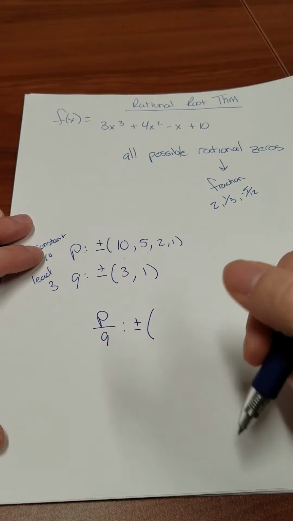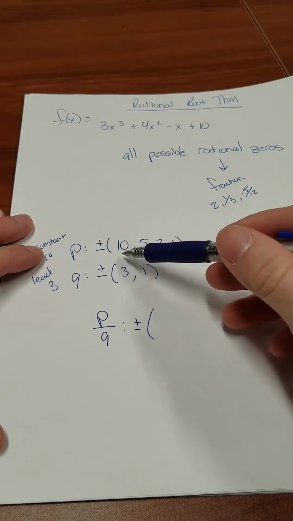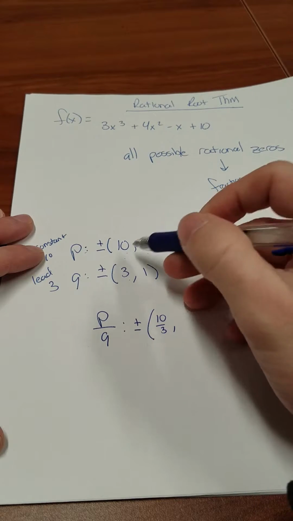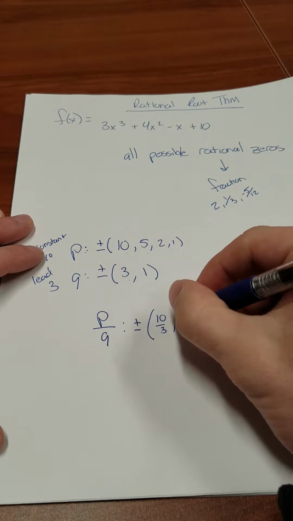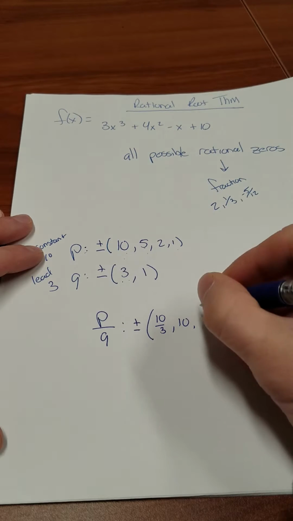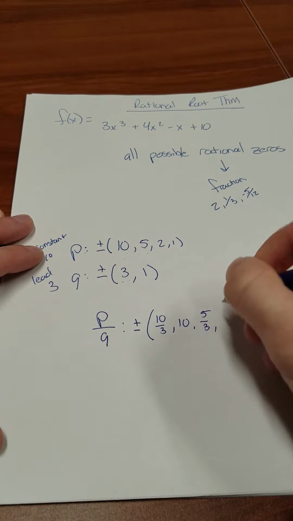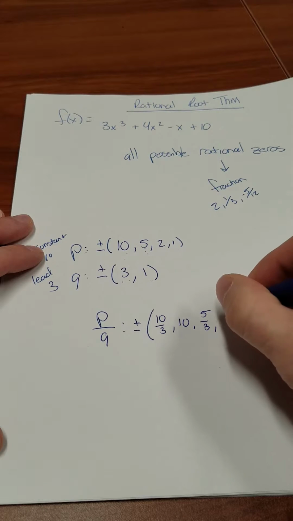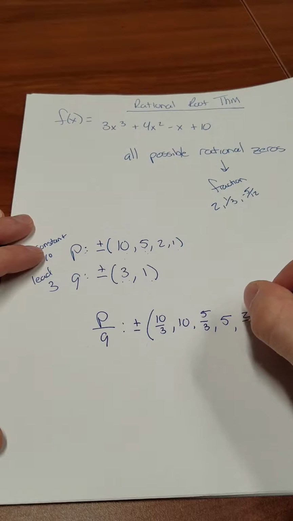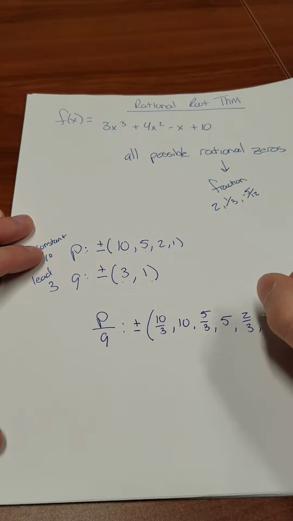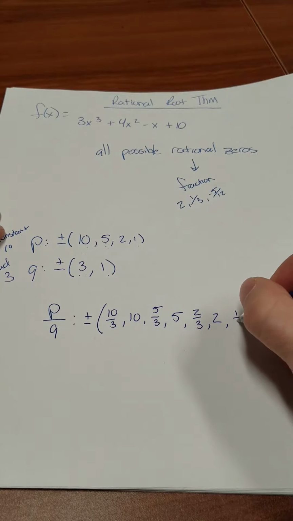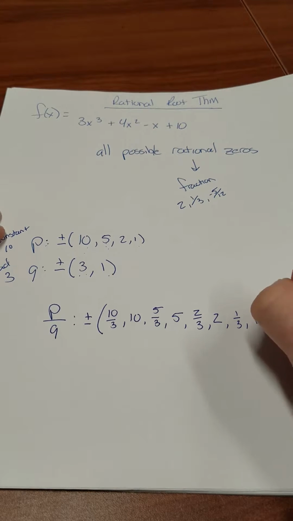So plus or minus, and then we're going to divide each one of these things. 10 over 3, leave it as a fraction. 10 over 1, well 10 divided by 1 is just 10, so I'm going to write down 10. 5 over 3, and then we have 5 over 1, which is 5. 2 over 3, 2 over 1, which is just 2. 1 over 3, and then 1 over 1, which is just 1.